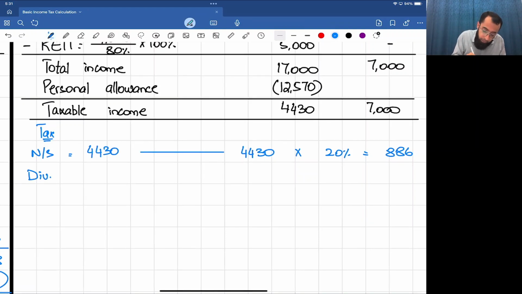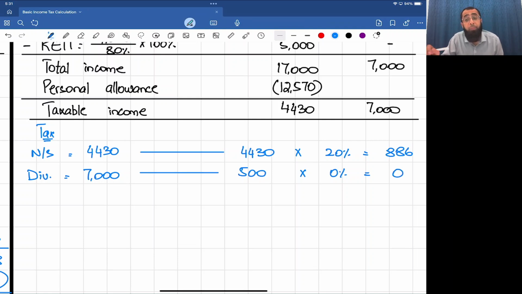Then comes the dividend income, 7,000. The first 500 pounds of the dividend will be taxed at 0%. That's zero. Now, if you look at the data, 7,000 and 4,430 is just around 11,000 and something.